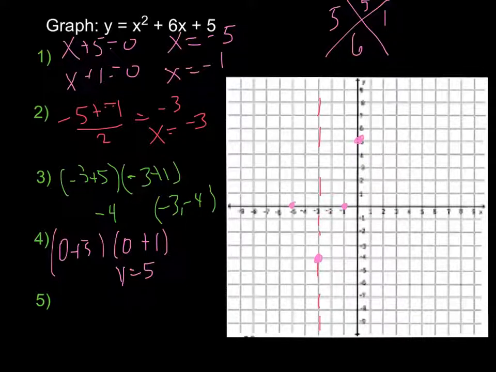And then to do part 5, we're going to use the idea of symmetry. We are 1, 2, 3 points away up here at the y-intercept, so we go over 1, 2, 3 points and plot the same point. Then we draw our parabola to the best of our ability.